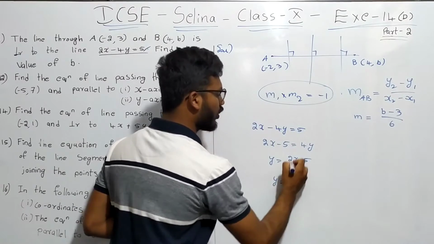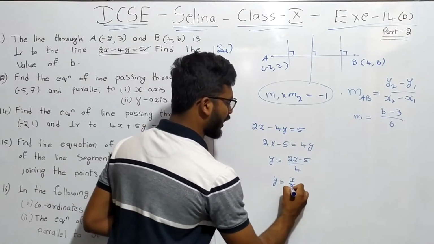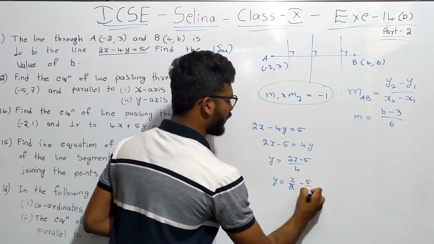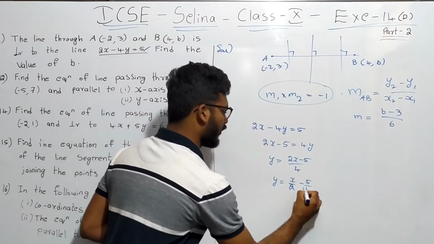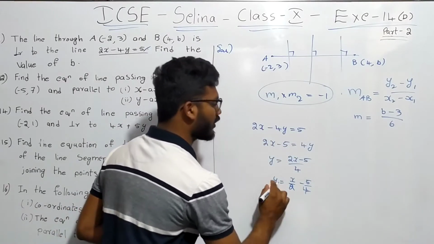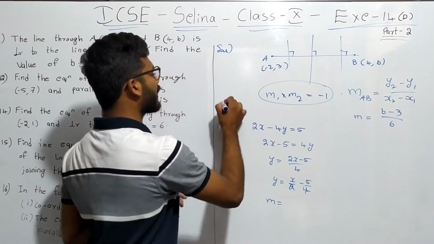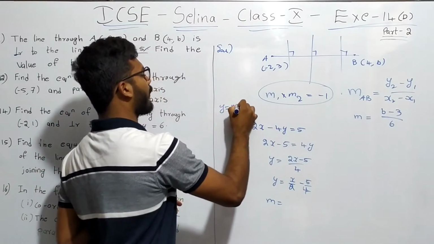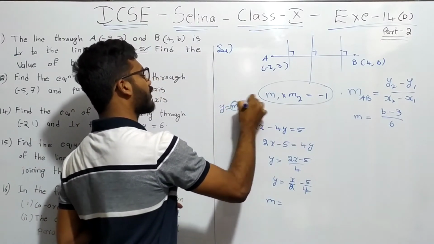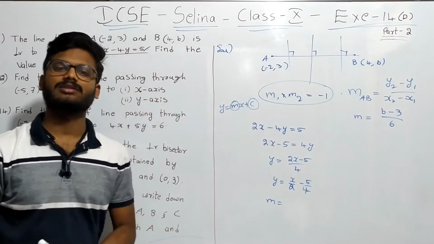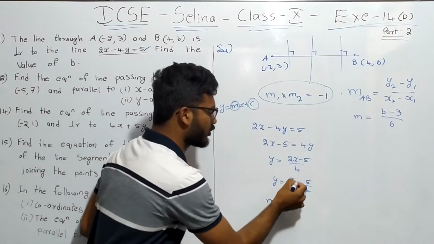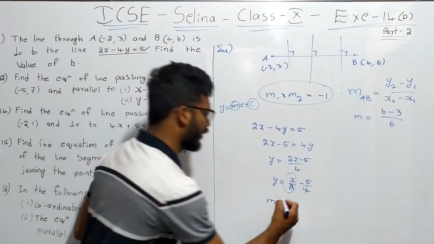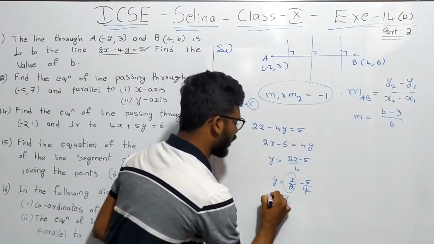So y equals 2x by 4, which is x by 2 minus 5 by 4. Slope intercept form is y equal to mx plus c, where m is the slope and c is the y intercept. We want the slope only, so the coefficient of x is 1 by 2. So the slope is 1 by 2.